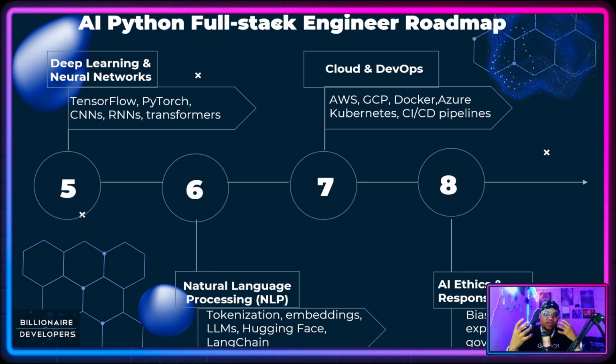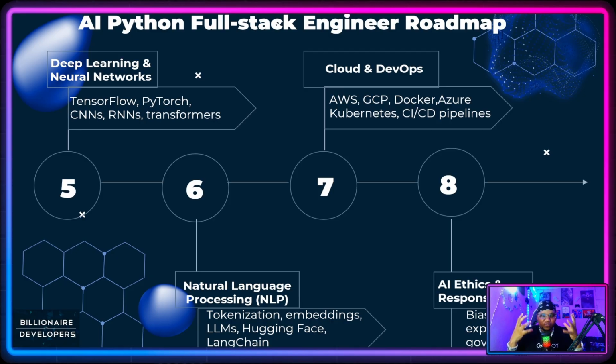You want to learn how to work with neural networks as well as deep learning. Python has libraries such as PyTorch and TensorFlow, which handle all the heavy lifting for you, but you have to do a bit more deep diving, learning about transformers, CNNs and RNNs.